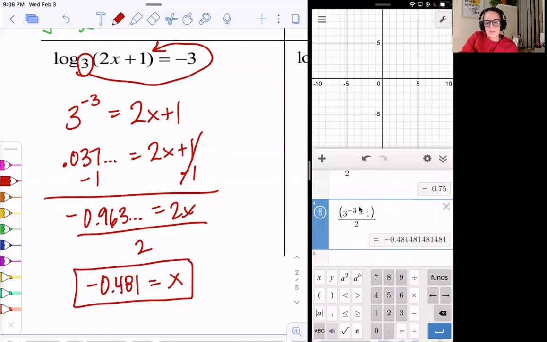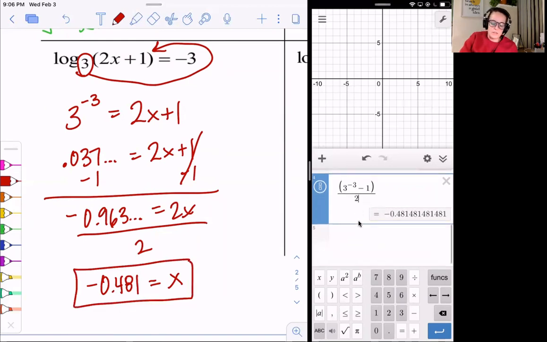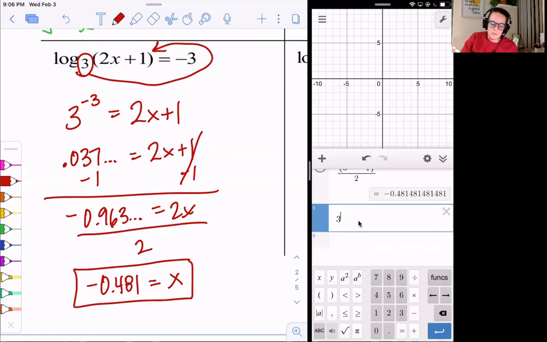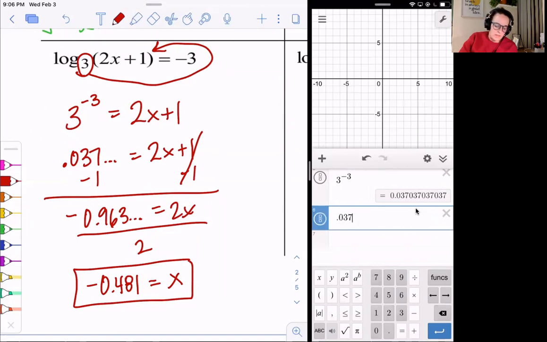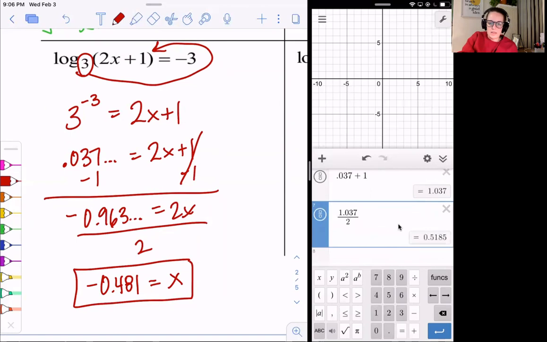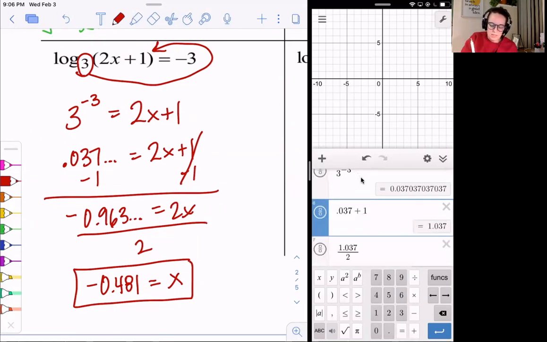The reason I want to do this all in my calculator is, one, it's a little easier, but two, if I do this and then say, oh, that's roughly 0.03037, and then I add 1 and get 1.037, and then divide by 2, I could end up getting, oh, I should have subtracted 1. Just kidding, let's subtract.